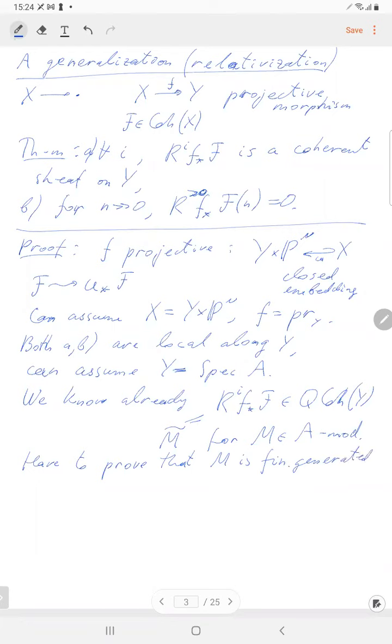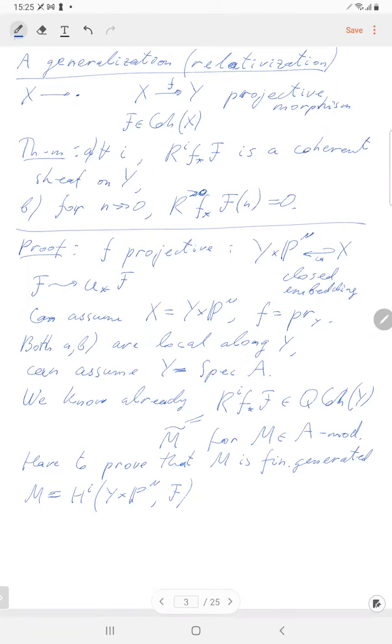Okay, and then again, we know that this M is just global cohomology, namely ith cohomology of Y times Pn with coefficients in our sheaf F. Okay, and now we only need to develop.